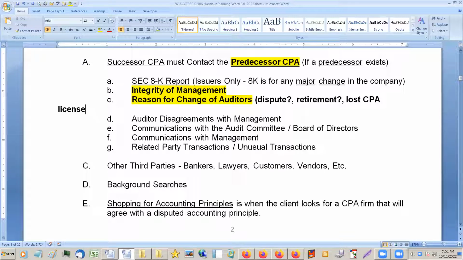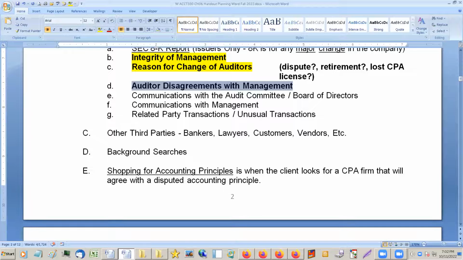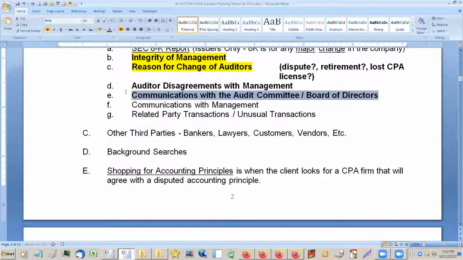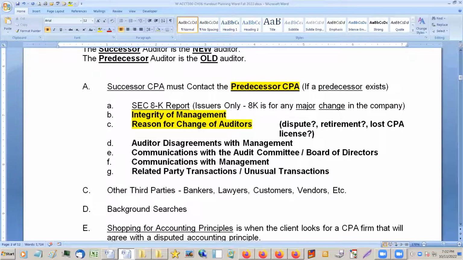So there could be any number of reasons why. Why they changed it. Disagreements with management. Any communications with anyone in the company, basically. Related party transactions.